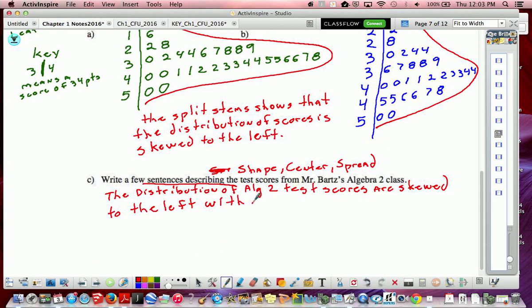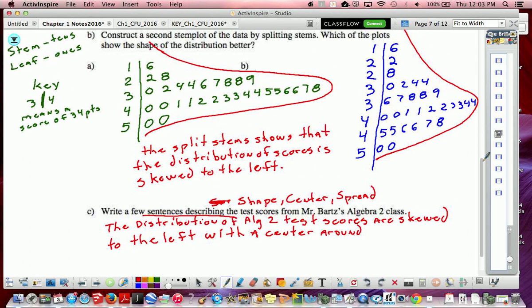with a center around, where does it seem to be centered around? So where does the middle score roughly appear? I heard someone say 40.